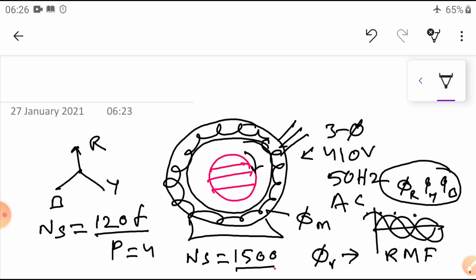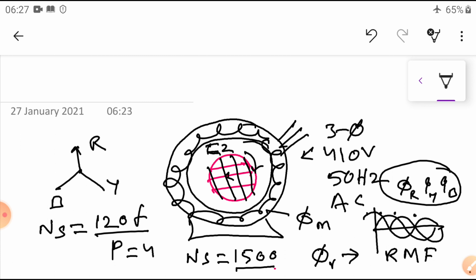During this process, it sweeps the stationary rotor conductors. As per Faraday's laws of electromagnetic induction, an EMF is induced in the rotor conductors, E2, and it also produces its own magnetic field in the rotor.